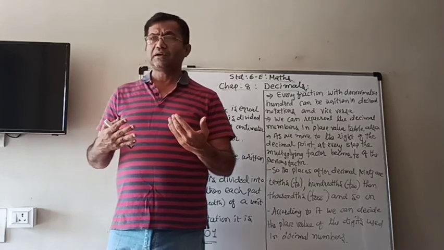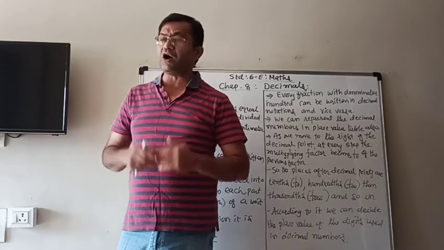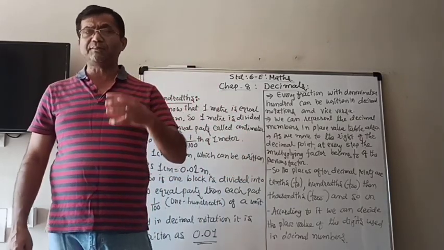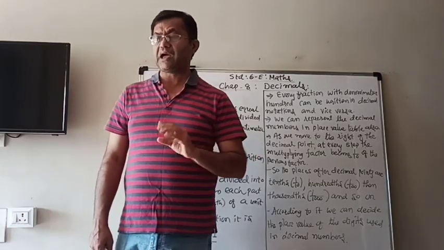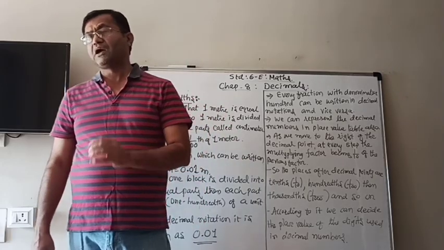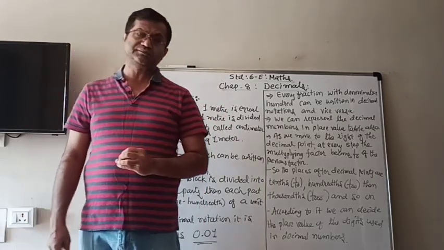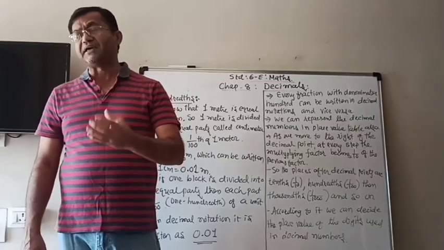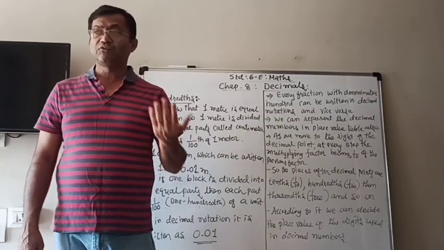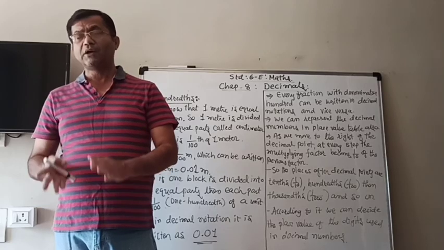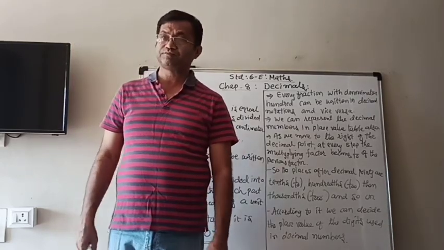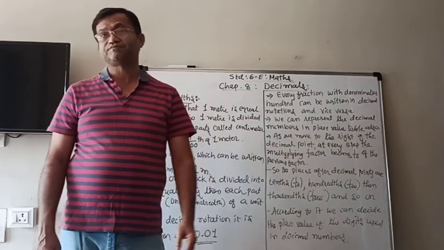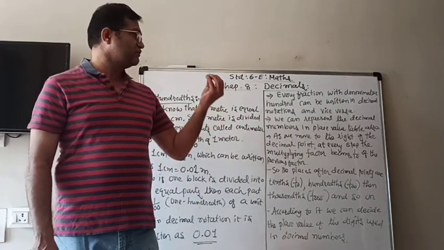Or by multiplication we can find an equivalent fraction such that 100 is in the denominator, then we can write it in decimal form, and vice versa, from decimal form to a normal fraction. That is the thing we have to remember now.